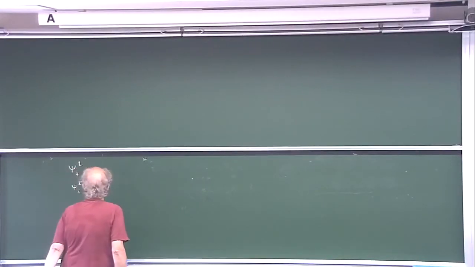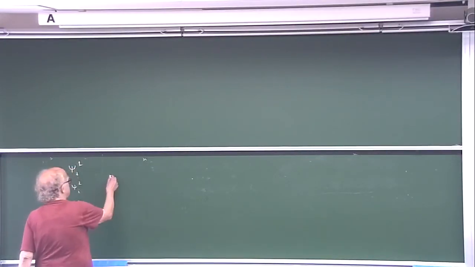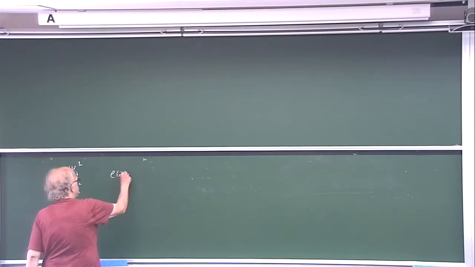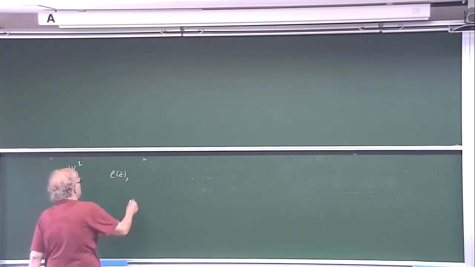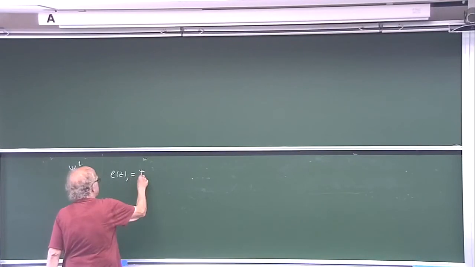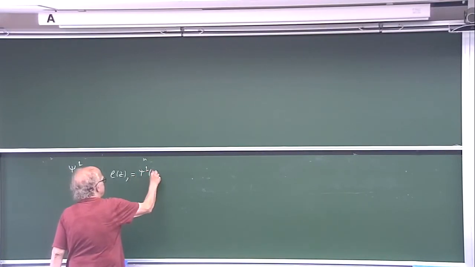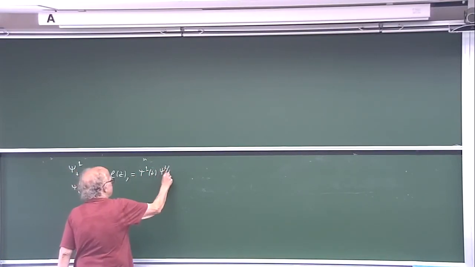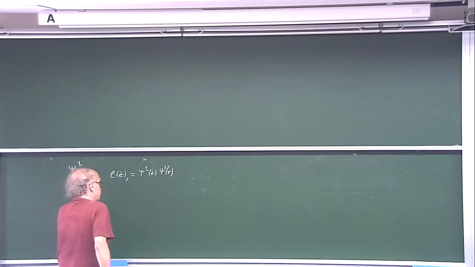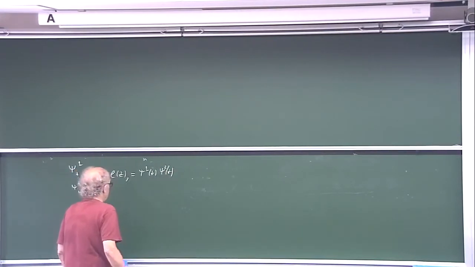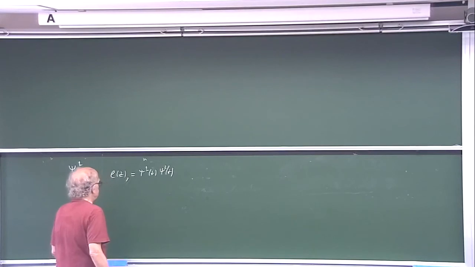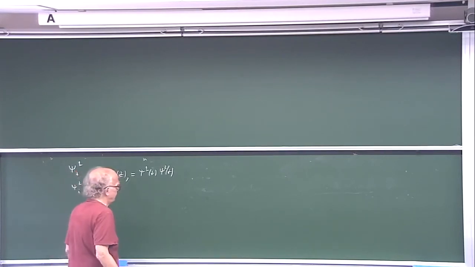But I also constructed yesterday the current E(z), which was psi 1(z) times psi 2(z). And I discussed the question of whether this is some element of some algebra, or vertex operator algebra.